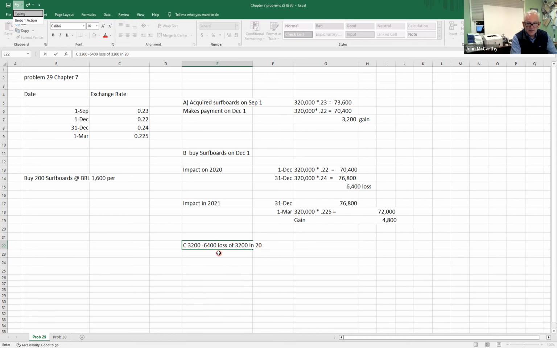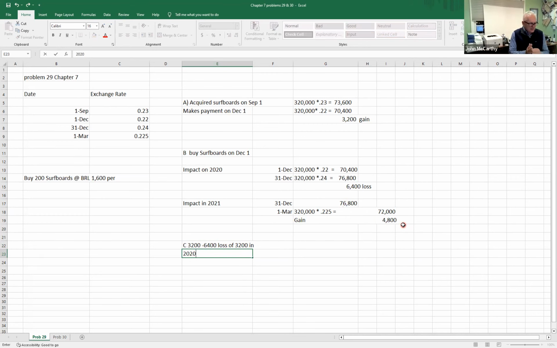I'll put that down here. And from there on, it's only in 2021, and it's going to be the gain of 4,800. So the fact that we pay it doesn't change what the gains and losses are going to be.